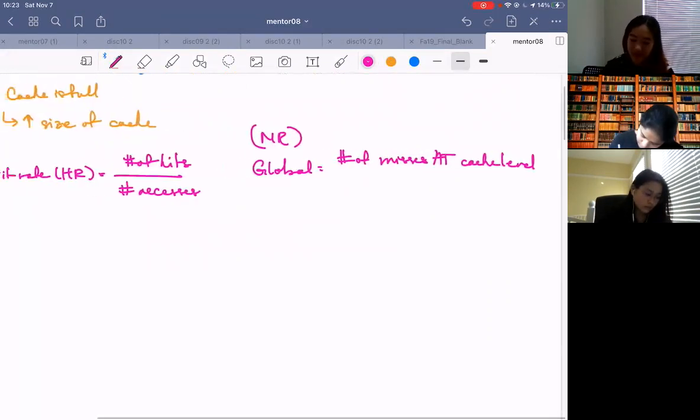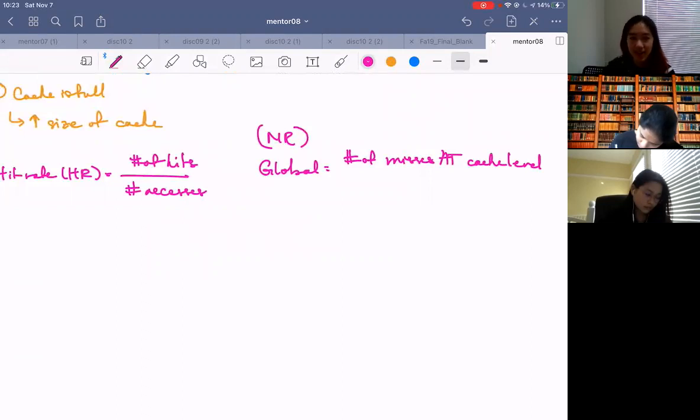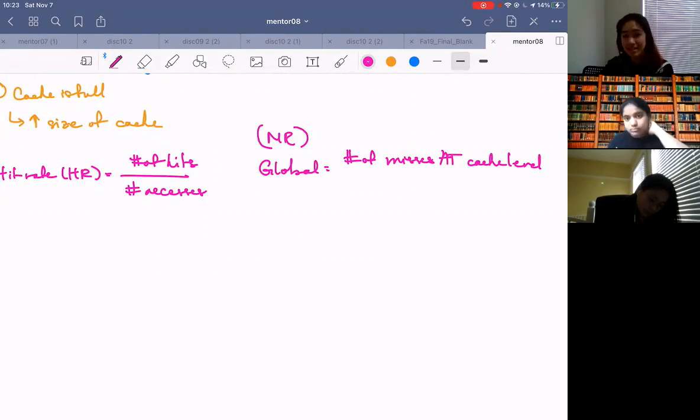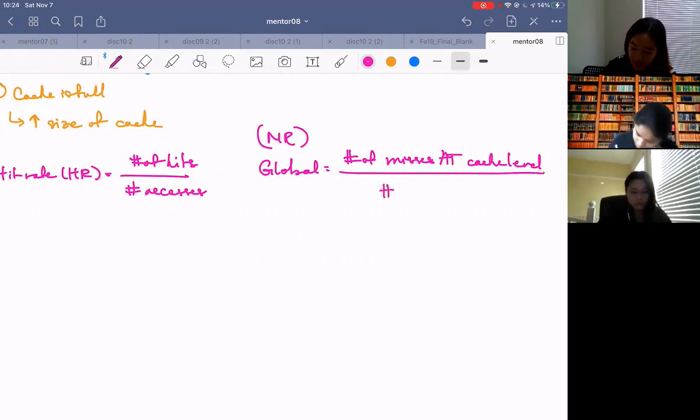For example, if I have 2 level caches, for the first level I have 10 misses. That means 10 accesses go through to the second level, and in the second level we have 5 misses. So for the first we have 10, for the second we have 5, and then we divide that by the number of overall cache accesses.